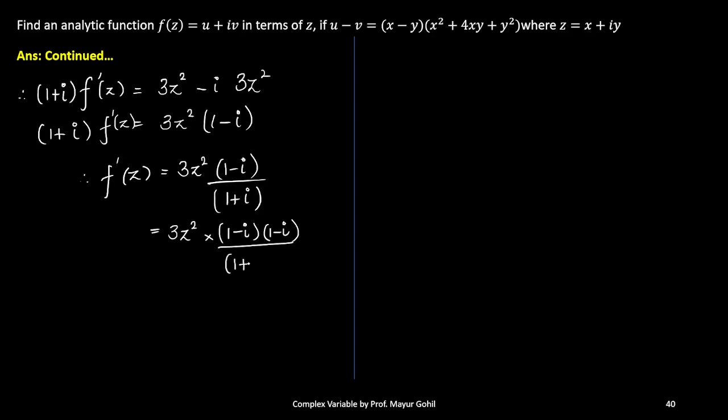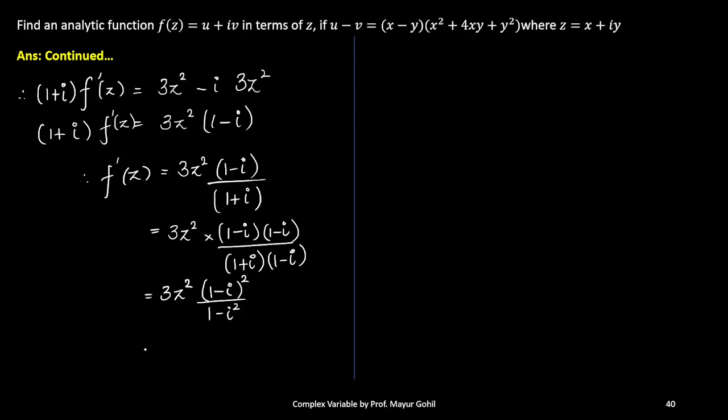So (1 plus i)(1 minus i), and this is 3z square. In the numerator you have (1 minus i) the whole square, and in the denominator you will have 1 minus i square. That is what you will have.